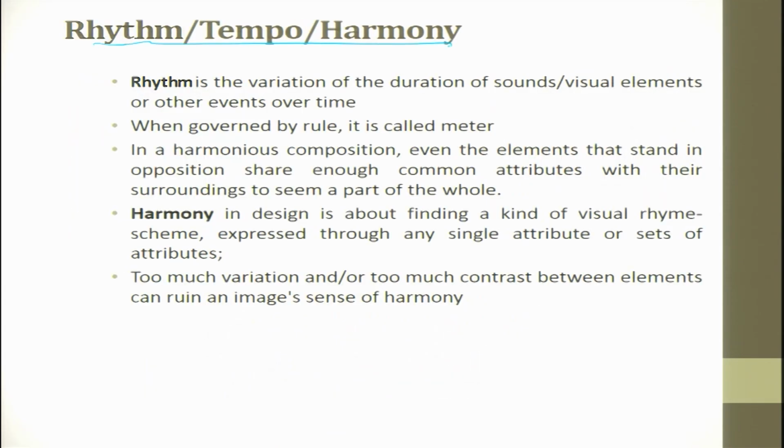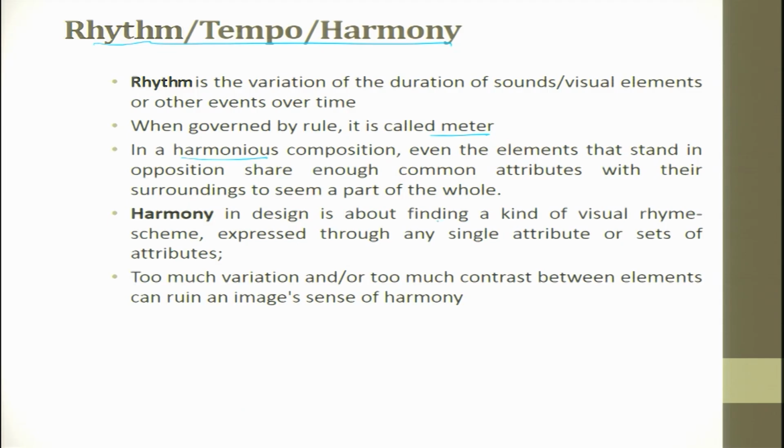Rhythm, tempo and harmony. Rhythm is otherwise called tempo or harmony. Rhythm is the variation of the duration of sound or visual effect or other event over time. When governed by a rule, it is called meter. In a harmonious composition, even the element that stands in opposition shares enough common attributes with its surroundings to seem a part of the whole; that is harmony.